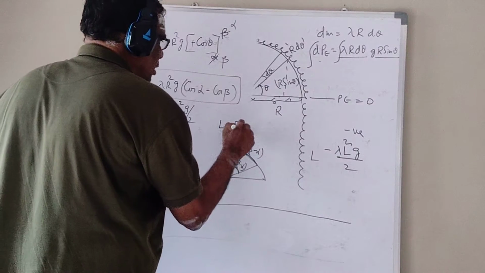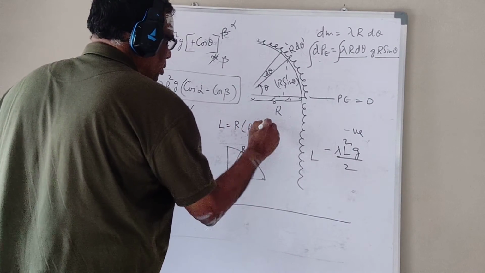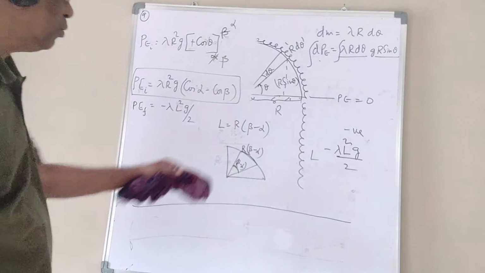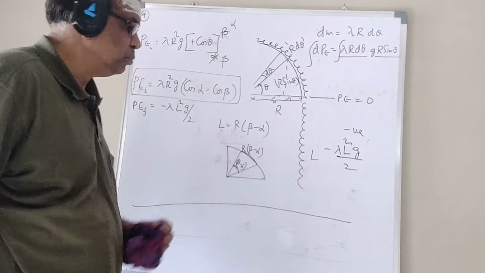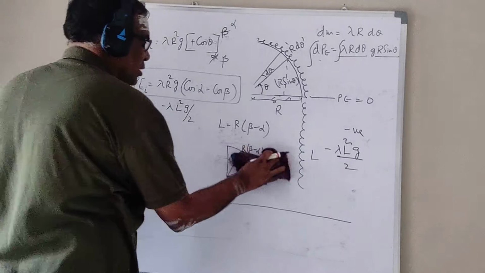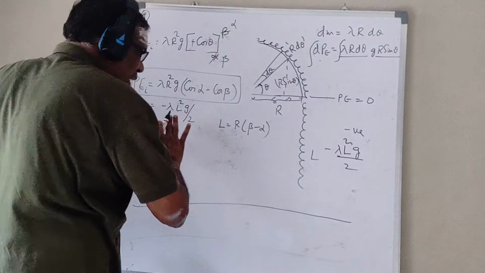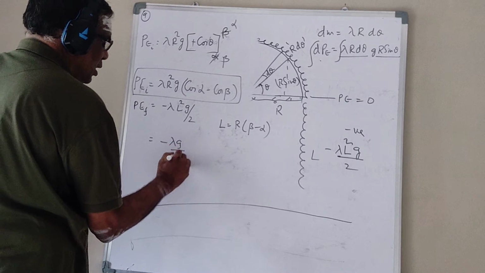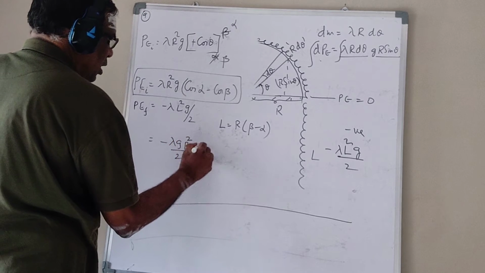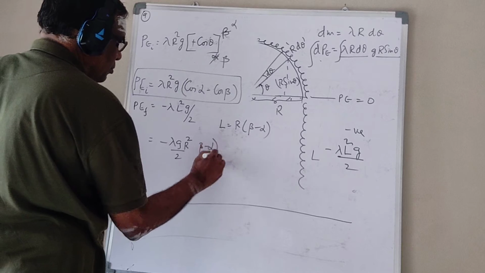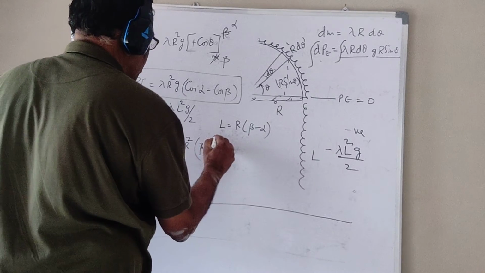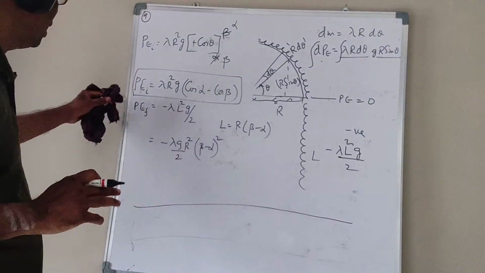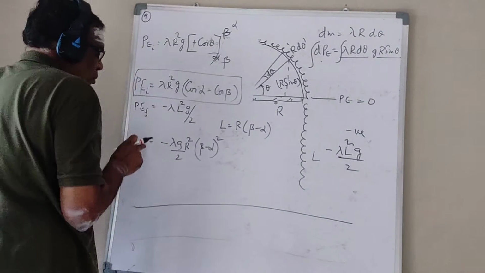So, L is R into beta minus alpha. In this case, what is beta? Pi by 2. What is alpha? 0. So, length is taken like this. I am putting it in a very, very general fashion. Minus lambda g by 2 r square beta minus alpha square. Now, initial minus final.